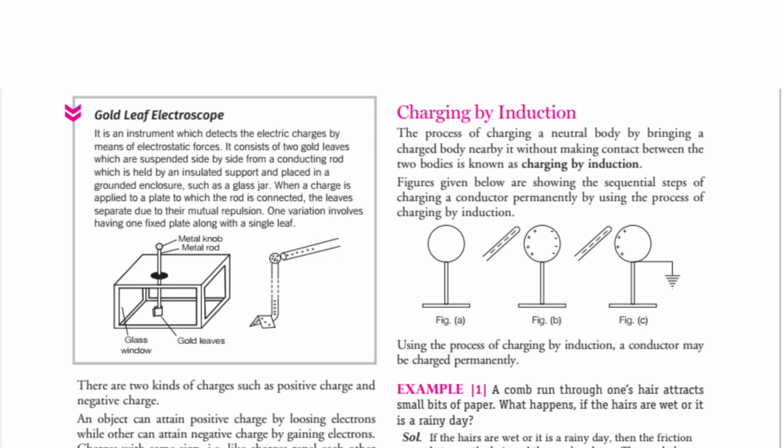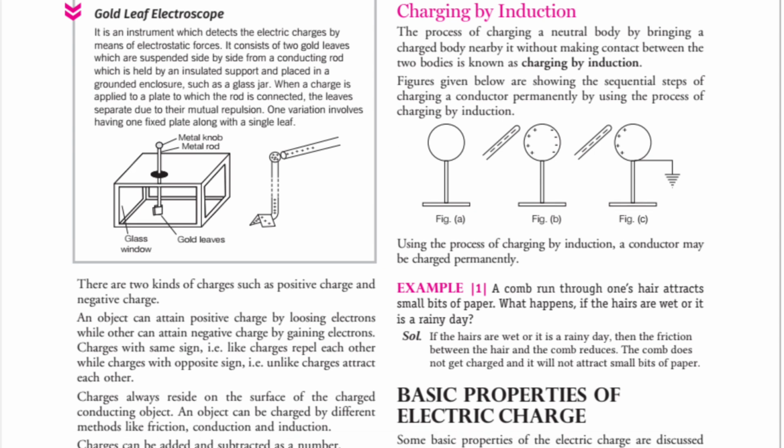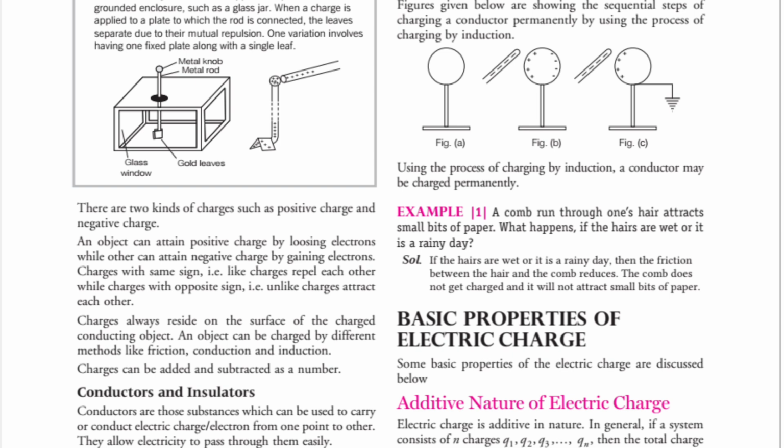Next, there are two kinds of charges, positive charge and negative charge. An object can attain positive charge by losing electrons, while another can attain negative charge by gaining electrons.